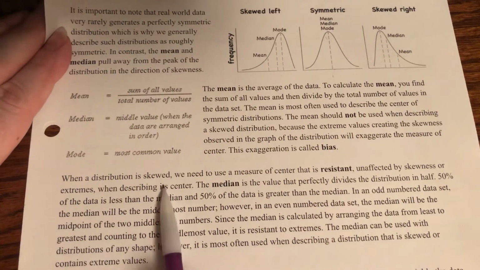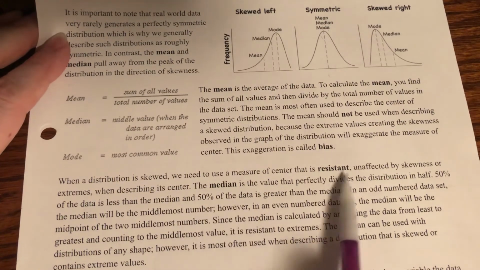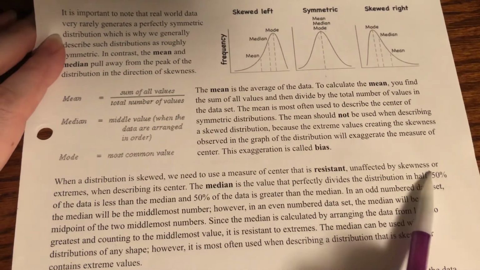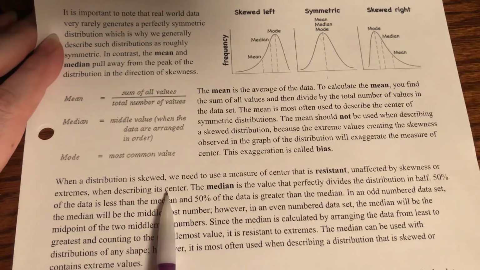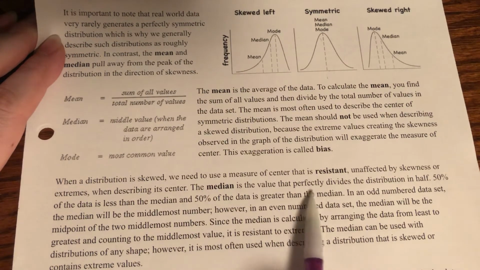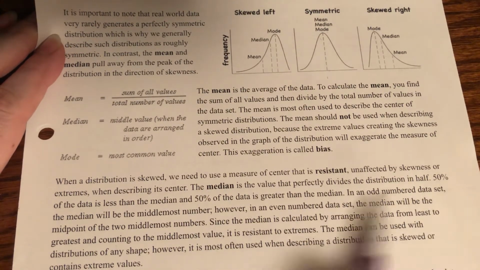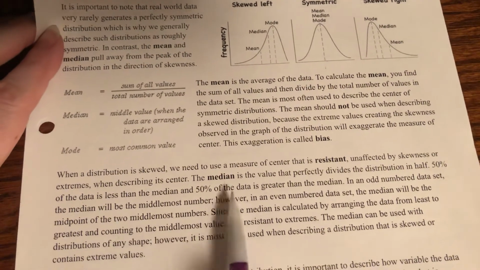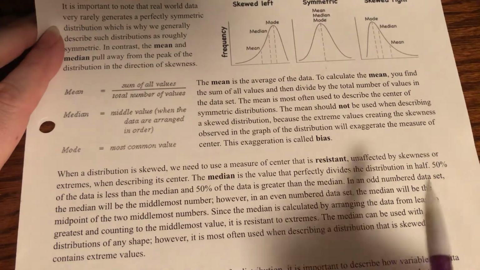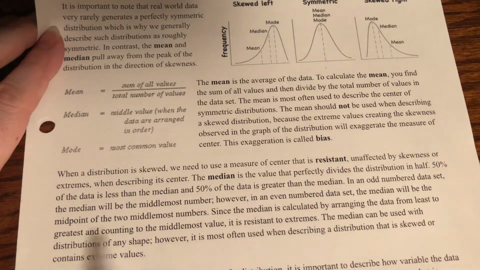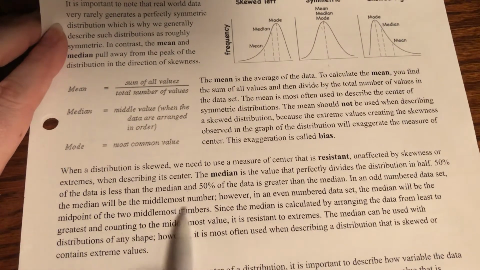Now, when a distribution is skewed, we need to use a measure of center that's resistant, in other words, unaffected by skewness or extremes, when describing its center. The median is a value that perfectly divides the distribution in half. 50% of data is less than the median, and 50% of data is greater than the median. In an odd-numbered data set, the median will be the middlemost number.